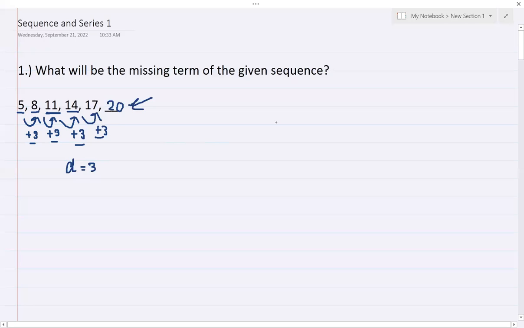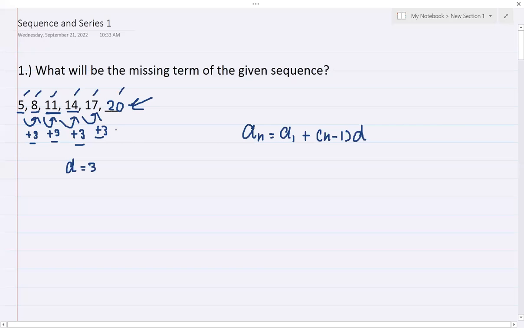right? So we can use the formula a sub n is equal to a sub 1 plus quantity n minus 1 times d. Now, let's substitute. First and foremost, we need to locate where the missing term is. This is the first term, second, third, fourth, fifth, and sixth.